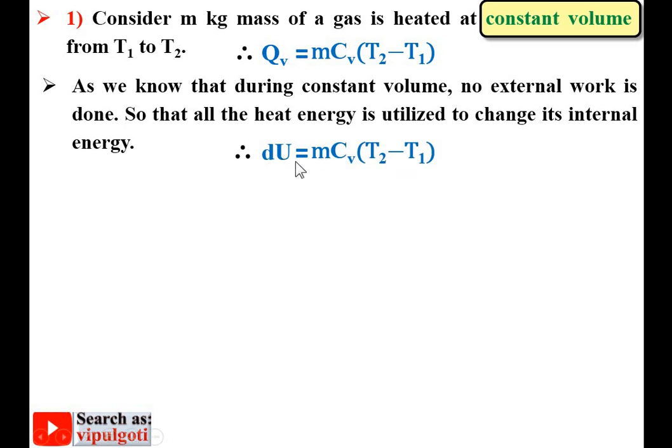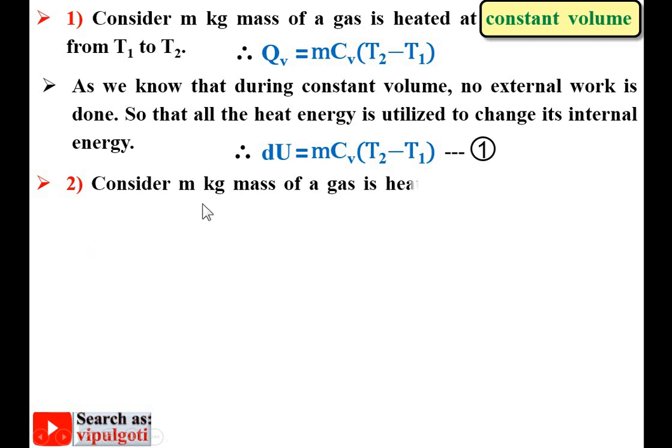According to the first law, Q is equal to W plus dU, where W is the work done. For constant volume, W is equal to 0, so Q is equal to dU. The change in internal energy is exactly equal to the heat supplied, and that's why it is m Cv (T2 minus T1). Let's say this is equation number 1.